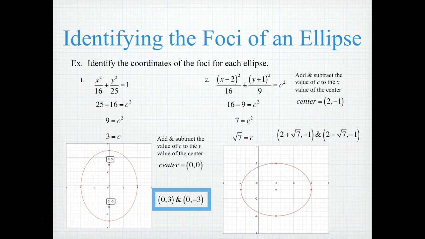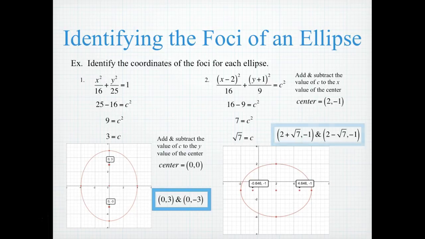Doing that gives me foci at 2 plus root 7, negative 1, and 2 minus root 7, negative 1. And those values take on about negative 0.646, negative 1, and about 4.646, negative 1.